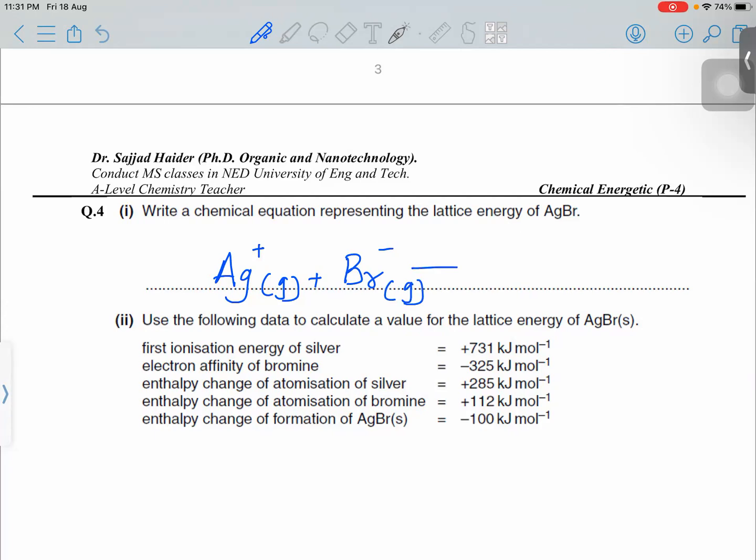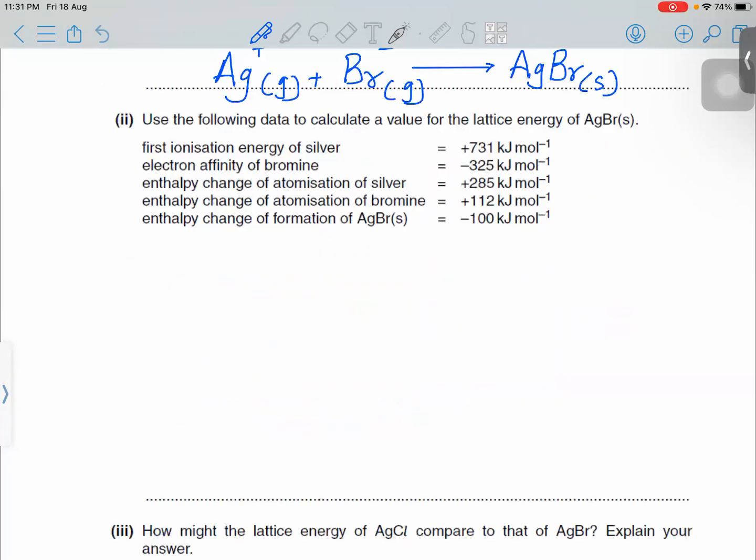Very good. AgBr solid. Now this is Born-Haber cycle. Can you solve and send the solution to my WhatsApp number? Okay, sir. First, draw the Born-Haber cycle.